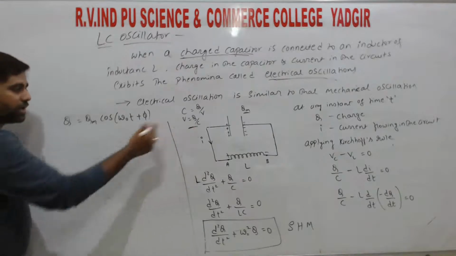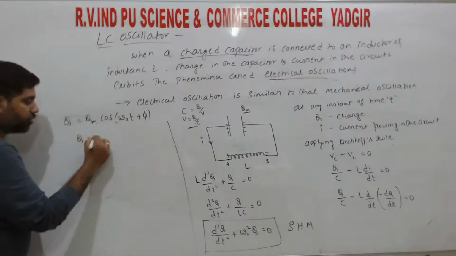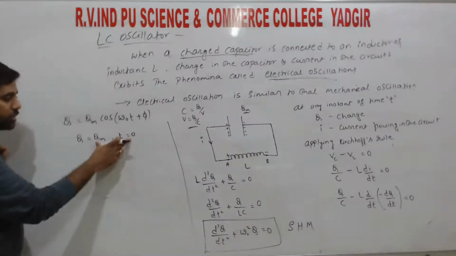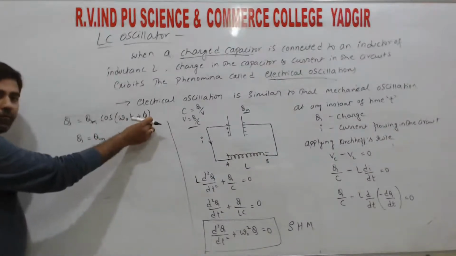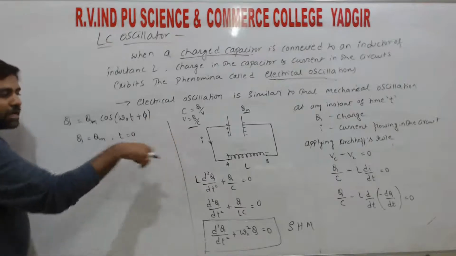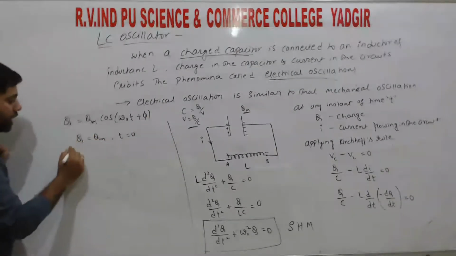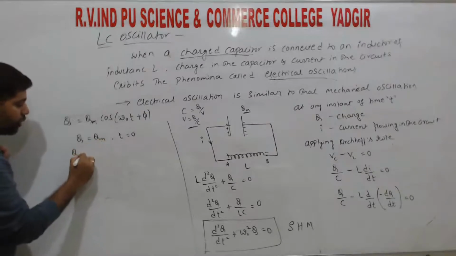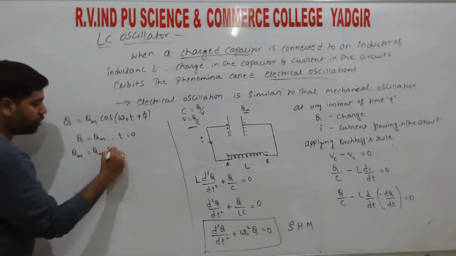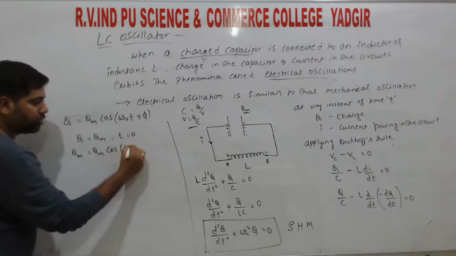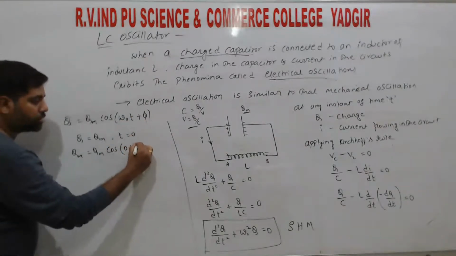Initially the charge q is equal to qm when t is equal to 0. Now substituting here to find the phase angle between the charge and the current, right? In place of q, qm is equal to qm cos of omega naught t plus pi. Since t is 0, 0 into omega naught is 0 plus pi.